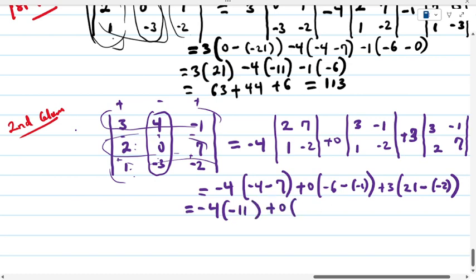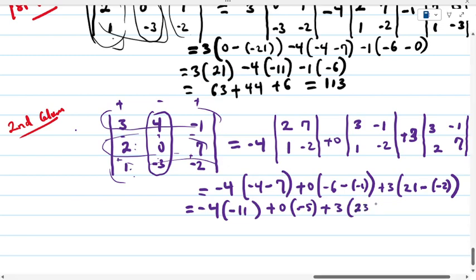Plus 0. Minus 6 plus 1 will be minus 5, so minus times minus 5. Plus 3 times, that will be 21 plus 2, that will be 23.